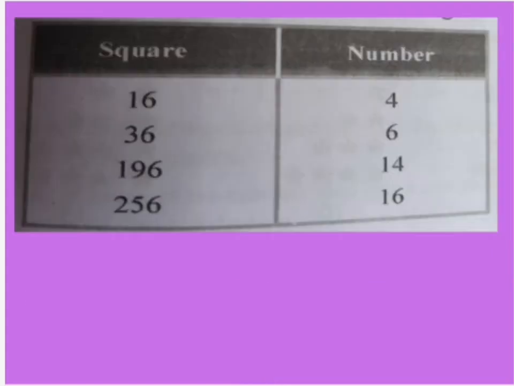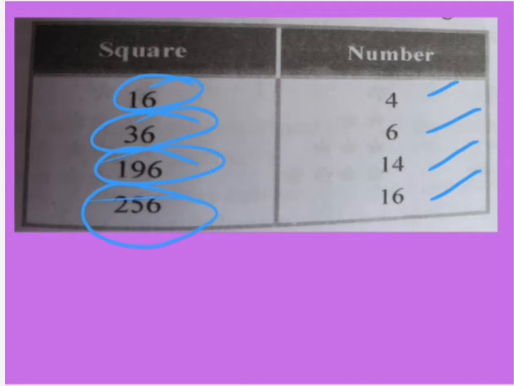Now move on to the next property. Here also we have some numbers and their squares. The numbers are 4, 6, 14 and 16, and after squaring we get 16, 36, 196, 256. Right?